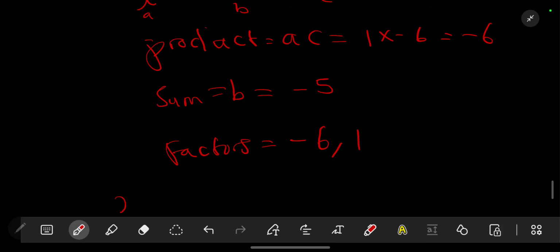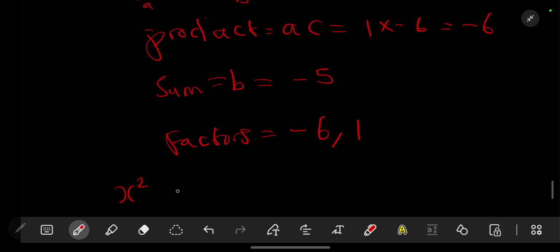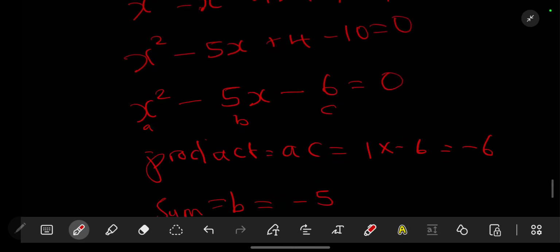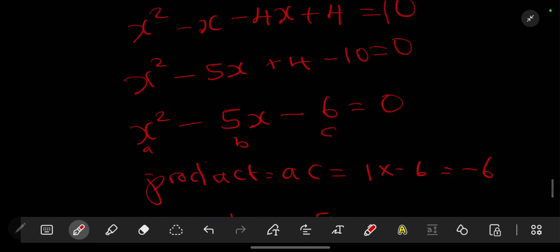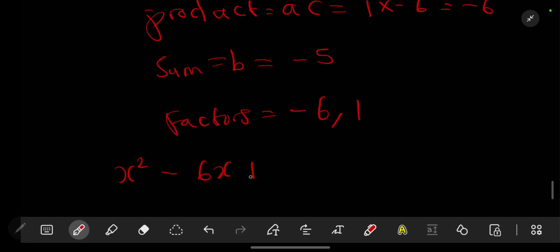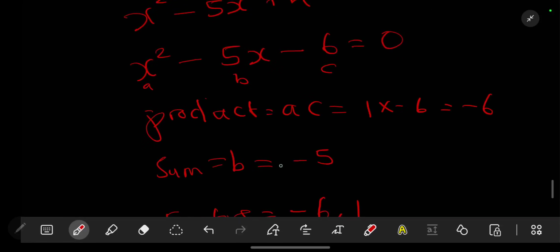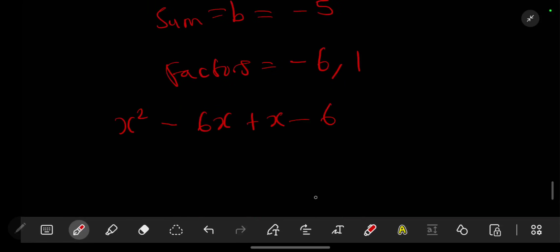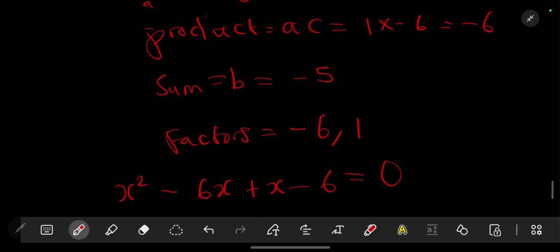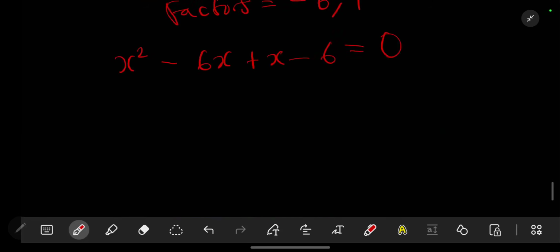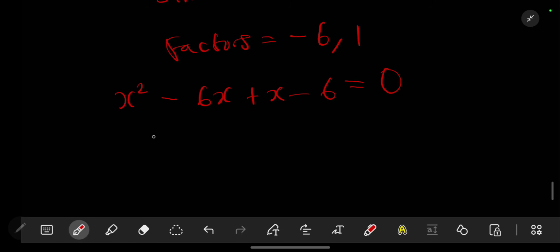So replacing, we are going to have our x squared minus our 6x, then plus x. Then here we have minus 6 should be equal to 0 like that. So we are going to have something like this.